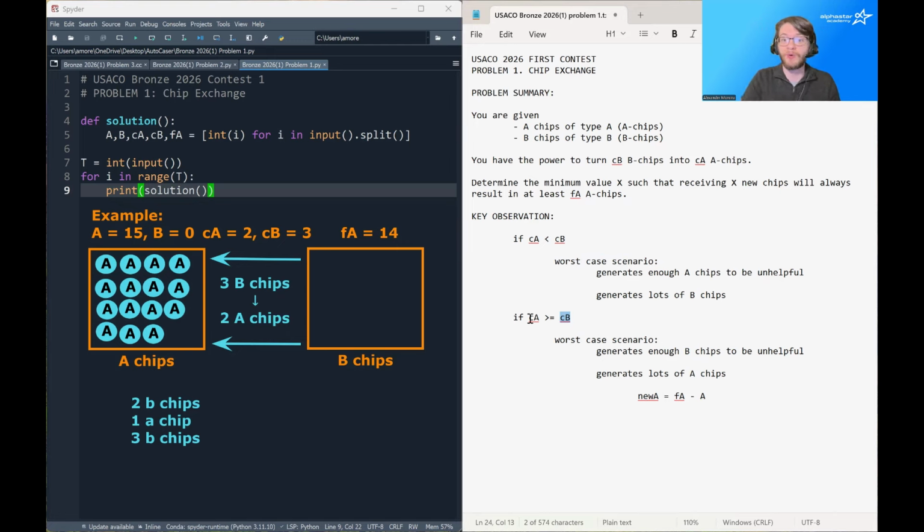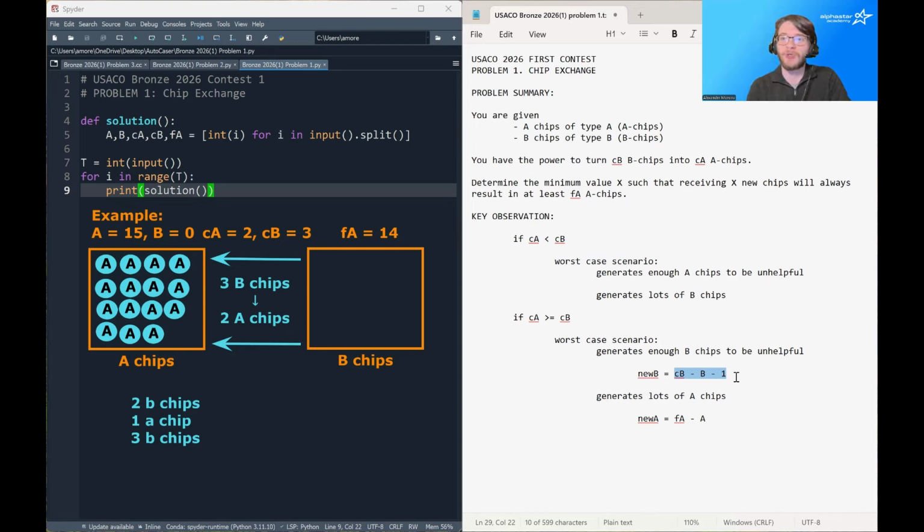And that's very helpful, particularly when C of A is bigger than C of B. So for the B chips, we are going to produce just enough new B chips to stay right under C of B. We're currently at B chips, and we are going to add some new B chips so that the total amount of B chips is exactly C of B minus 1. The benefit of this is we are left over with this large pool of B chips that can't be used to create A chips.